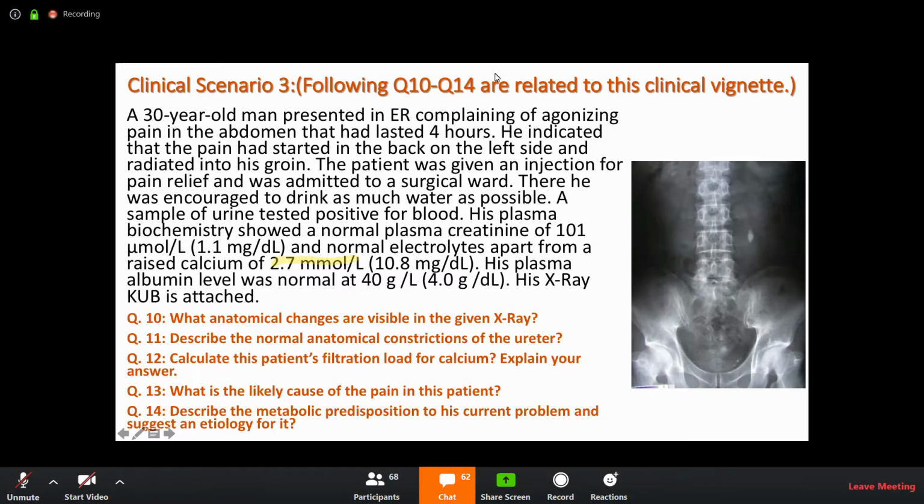So the need here is to do a PTH level, because obviously high levels of PTH will not just increase plasma calcium, it will also bring about an increase in reabsorption of calcium in the early distal convoluted tubule. So that's what you need to do.